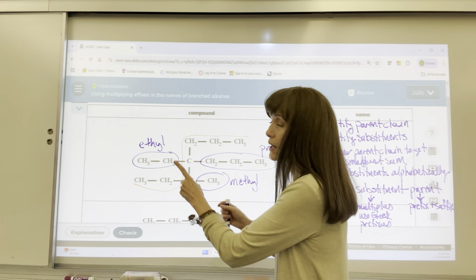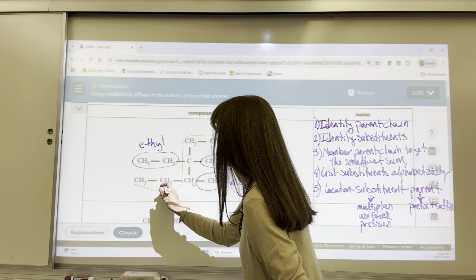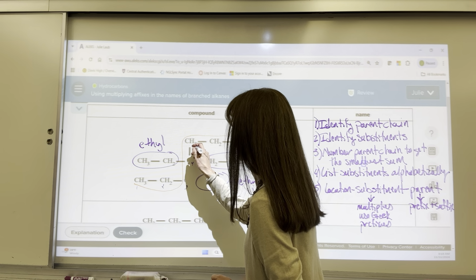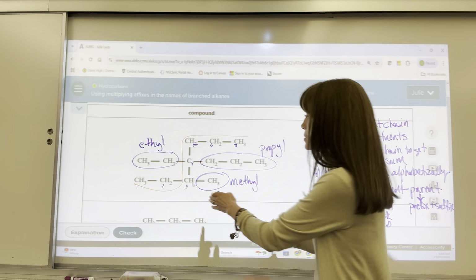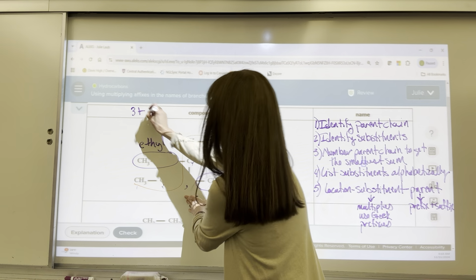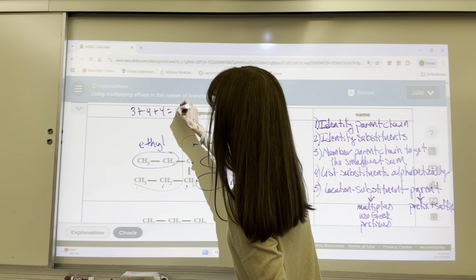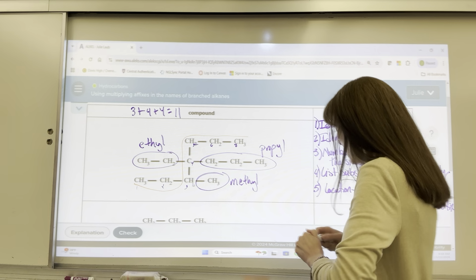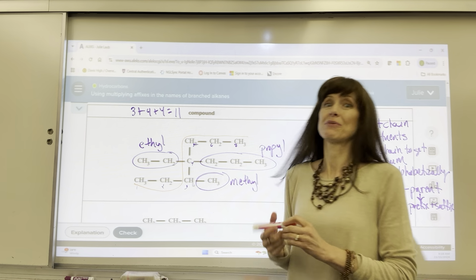I can either number, starting right down here, 1, 2, 3, 4, 5, 6, 7. That would give me for my substituents a 3 plus a 4 plus a 4 is going to give me 11. Okay, now let's try going right to left and see what we get.